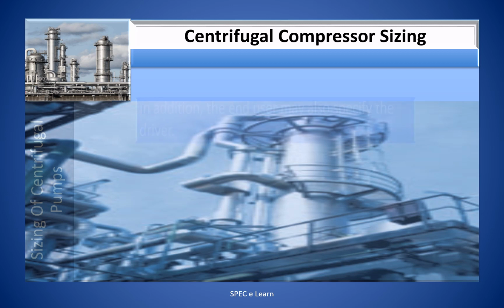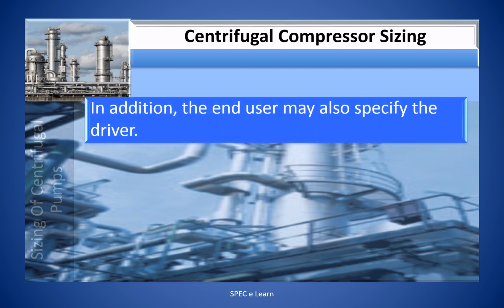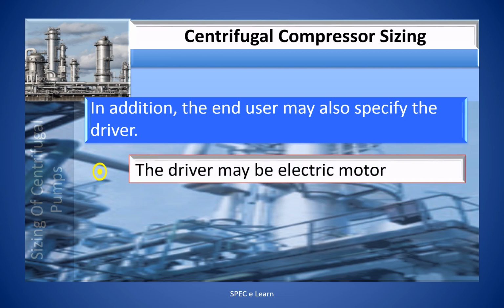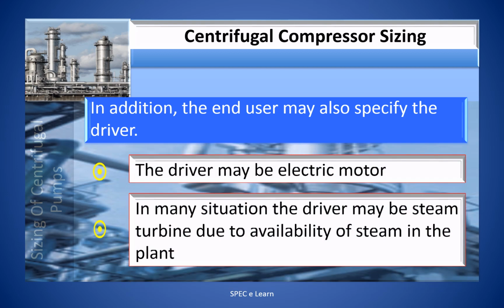In addition, the end user may also specify the driver. The driver may be electric motor. In many situations, the driver may be steam turbine due to availability of steam in the plant.